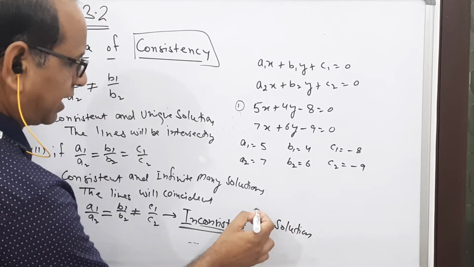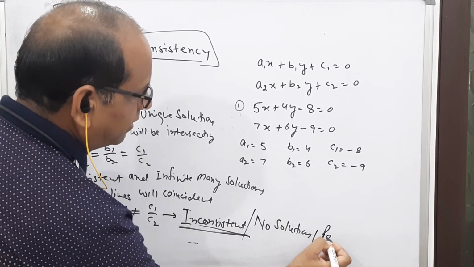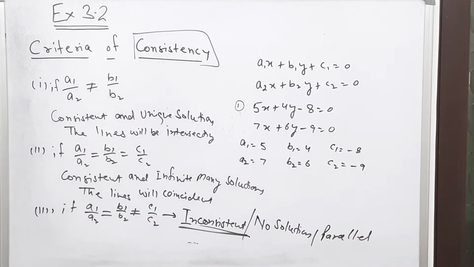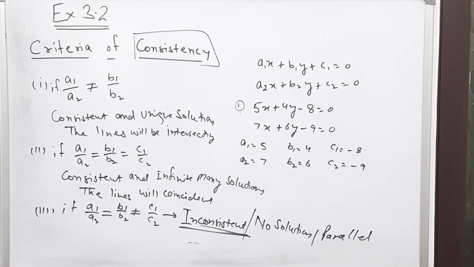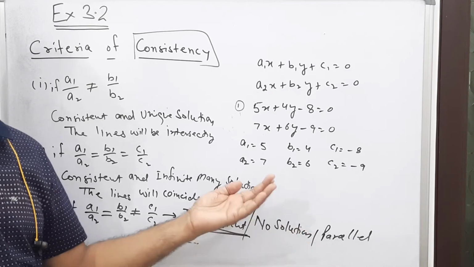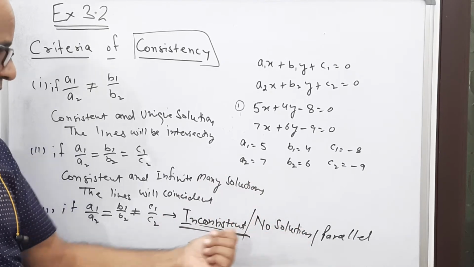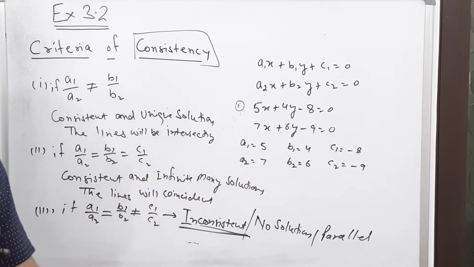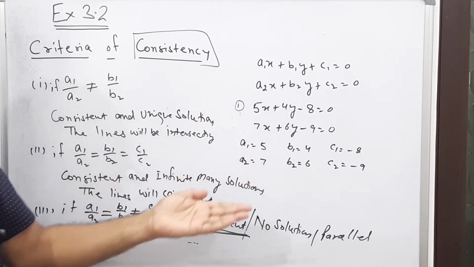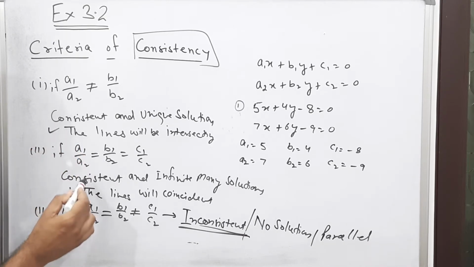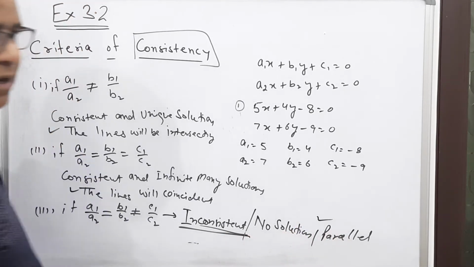If you draw the lines, then the lines will be parallel. For this type of pair of lines, the lines will be parallel, and when the lines are parallel, you will not find any common point, and hence there is no solution. So in the graphical representation, without making the graph, we can say that the lines are intersecting, coincident and parallel.